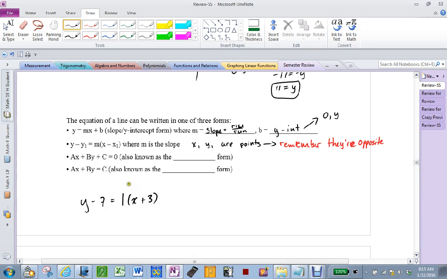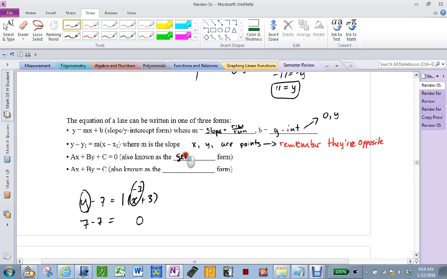To solve this, to make them equal, I would use 7 minus 7 to get 0, and negative 3 minus 3 to get 0, right? 7 minus 7, and then 0 would equal 0. So the points on the graph are actually x and y, but we use these points to find what they are. And the shortcut in our heads is it has to be this, but opposite. Okay?